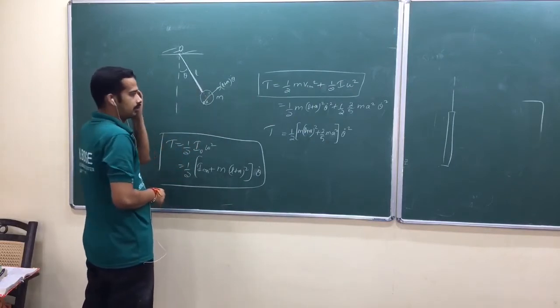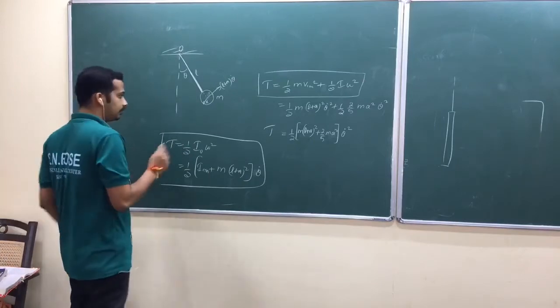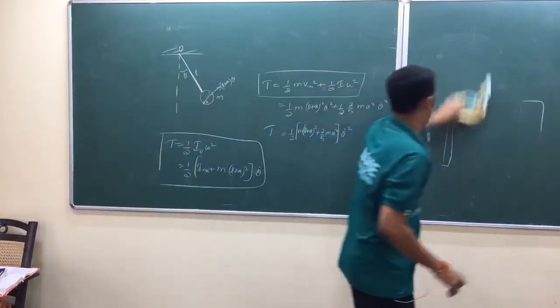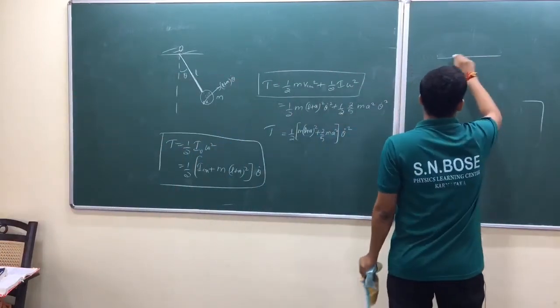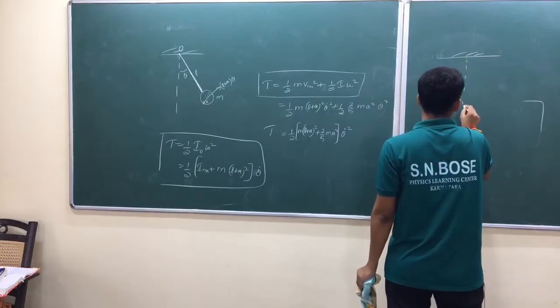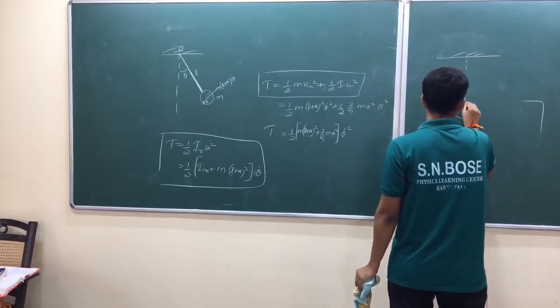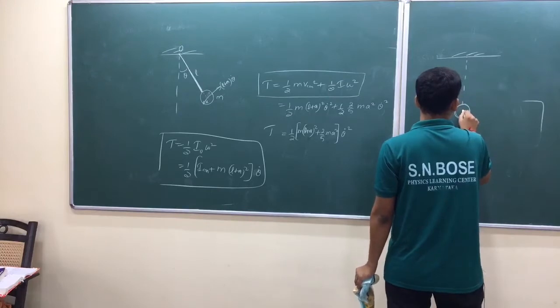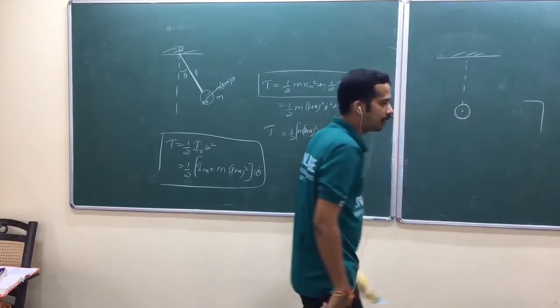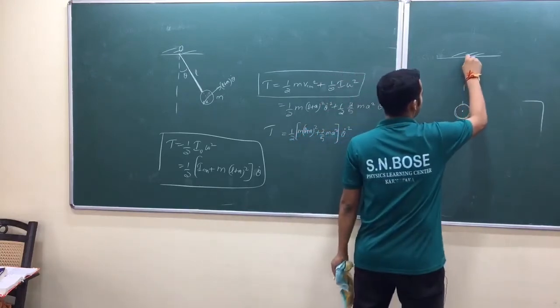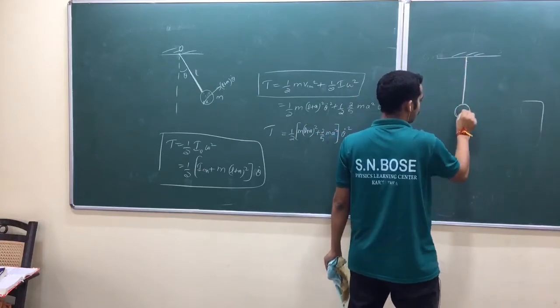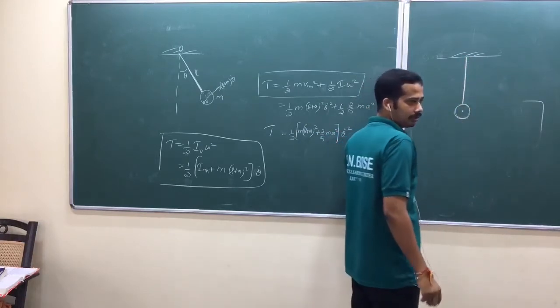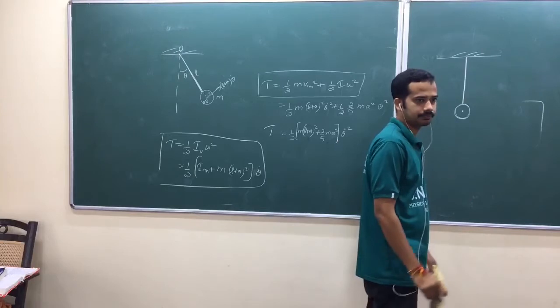Am I right? So now, you need to go for a frame of reference. Now, you are sitting in that one at the middle, but you are not attached to that one.